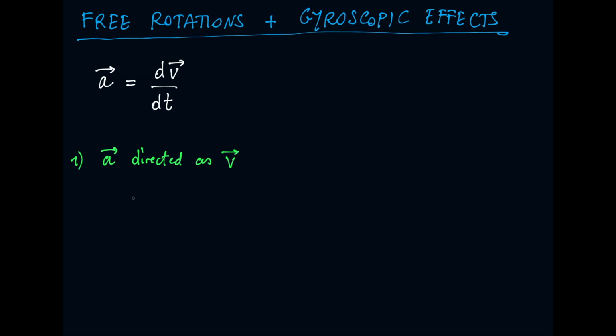So if the velocity vector is this one, and you have an acceleration vector that is exactly in the same direction, it's fairly easy to realize that in this situation the direction of velocity remains the same, and the magnitude, aka the speed, increases.